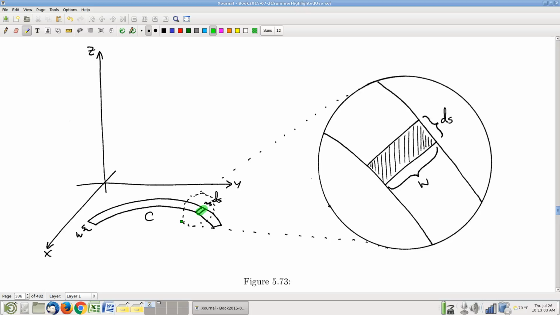I'm thinking of the driveway as effectively being a curve. If I were to look at a little piece of curve there, corresponding to a little piece of the driveway, and I know what the width of the driveway is, and if I take a little piece of curve of length ds, the amount of snow sitting on top of that slice of the driveway, if I add up over all the slices of the driveway, that'll give me the total amount of snow.